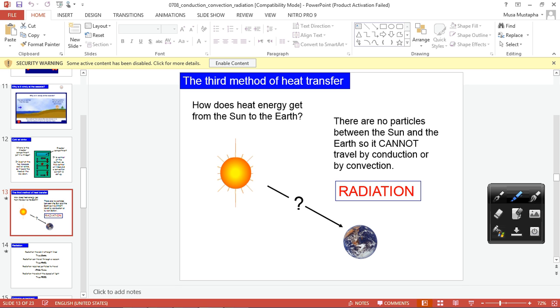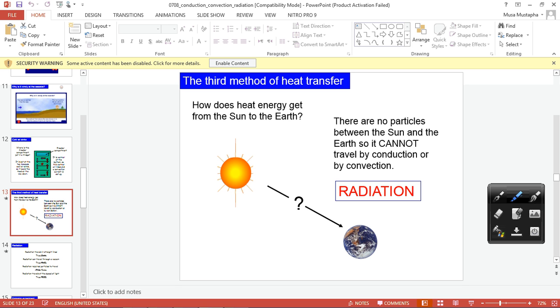The sun is far away from us, so why is it so fast for the sun to send its heat down to the earth's surface? There are no particles between the sun and the earth, so it cannot travel by conduction and convection.